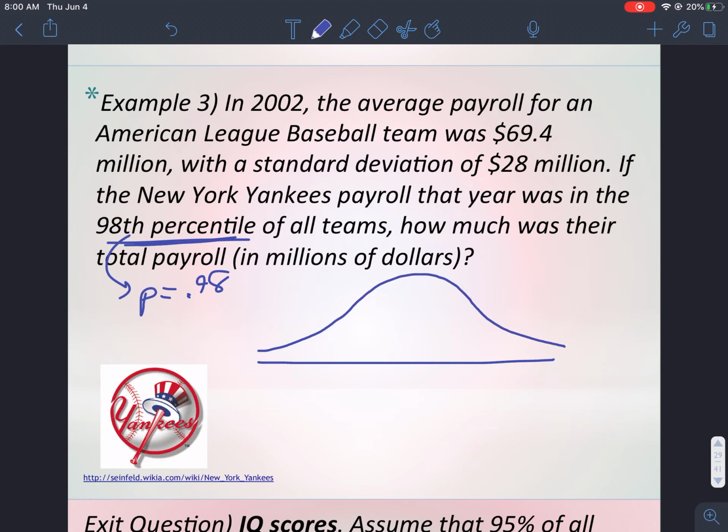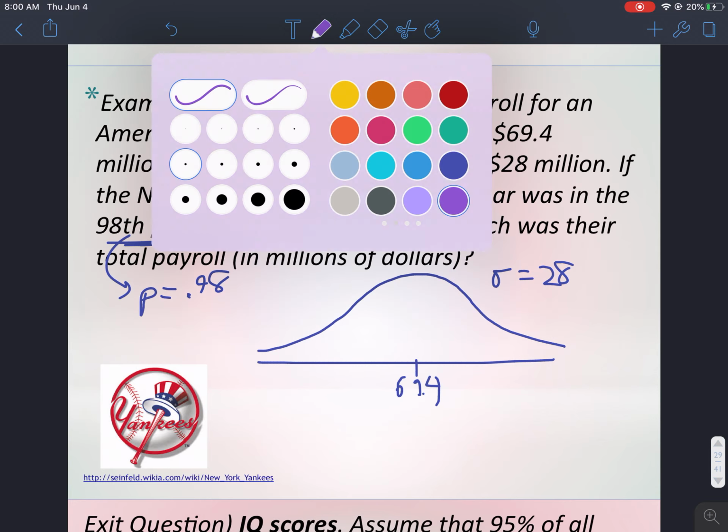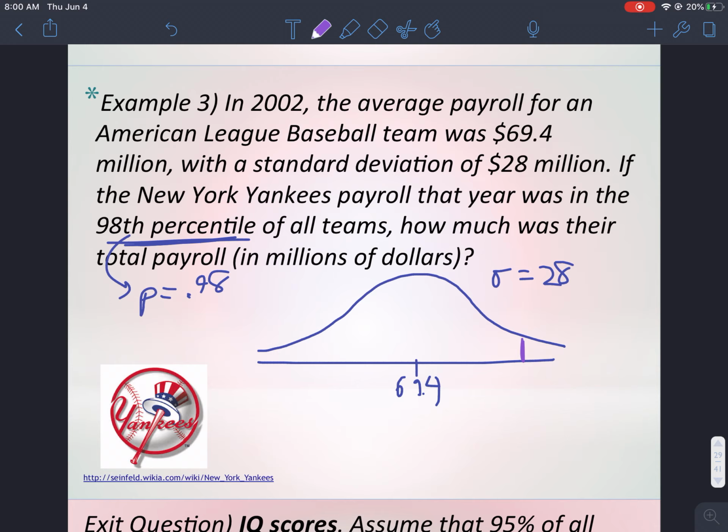And so we're assuming that the salaries are normally distributed with a mean of 69.4 million, standard deviation 28 million. The 98th percentile would be way up here because the Yankees always pay their players tons of money and they also win lots of baseball games. So that area is 0.98.